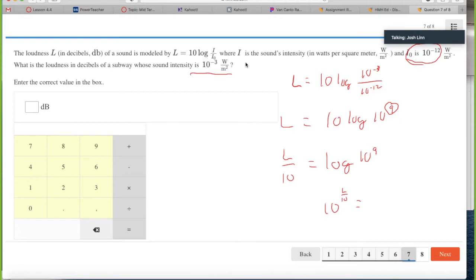Log base 10 of all of that. Something like that. So then we have L over 10 equals 9. So then L equals 90.